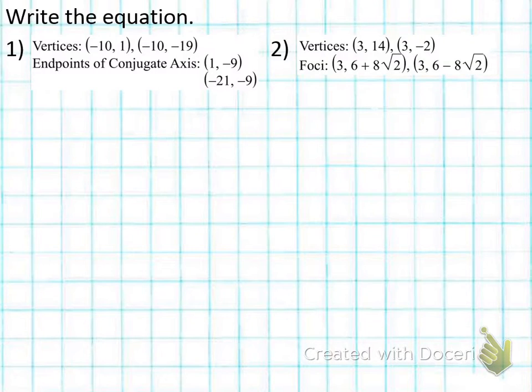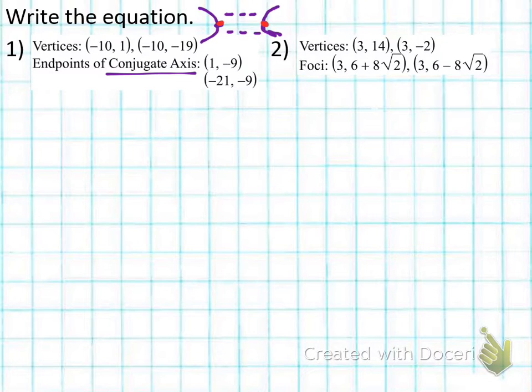So for number one, the first thing we're going to do is try to just get a rough sketch of the scenario here. The second part, the conjugate axis, is talking about the little box we draw when we're graphing these. Say the hyperbolas end up being on the right and left, like up here, then the points that are included, we call those the vertices.